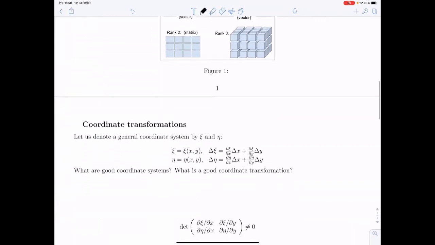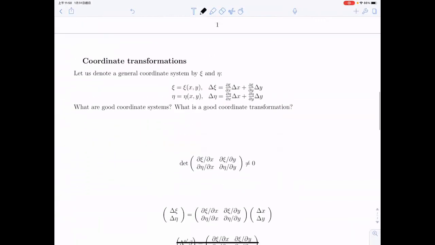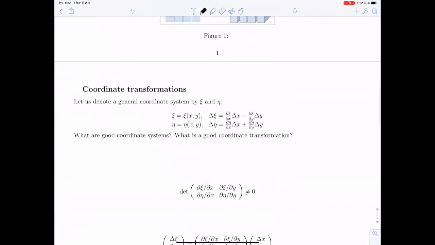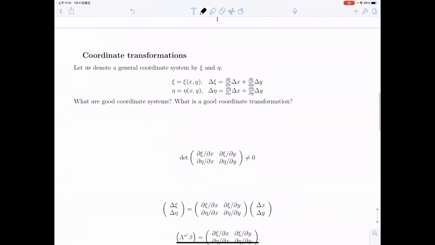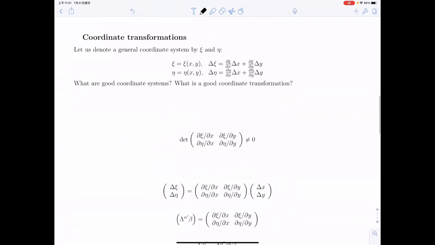All right. After I introduce some basic concepts, I would like to teach you about coordinate transformations. So let's see what a general coordinate transform is, also called a good coordinate transformation.